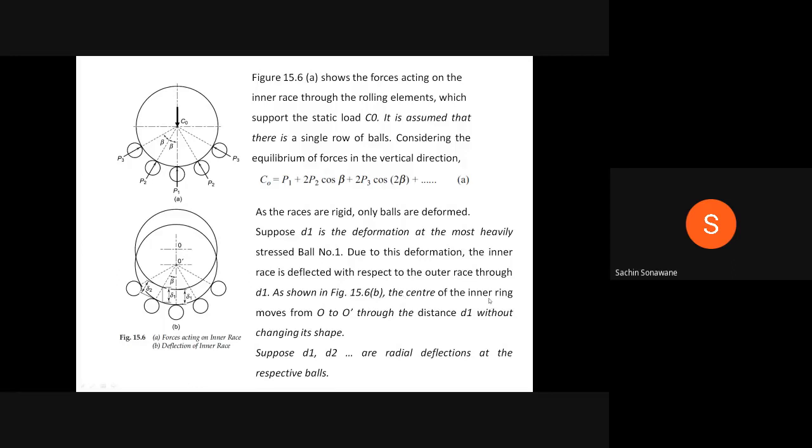The center of the inner ring moves from O to O dash through the distance delta 1, without changing its shape. Suppose delta 1 and delta 2 are radial deflections at the respective balls. Therefore delta 2 is equal to delta 1 cos beta, or delta 2 upon delta 1 is equal to cos beta. Equation B.